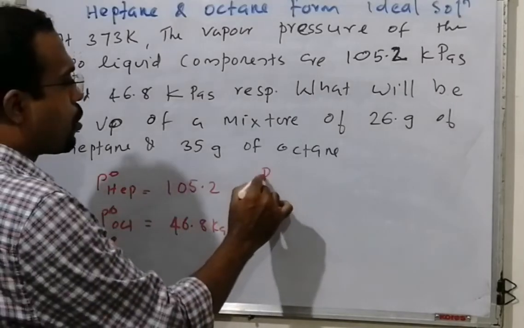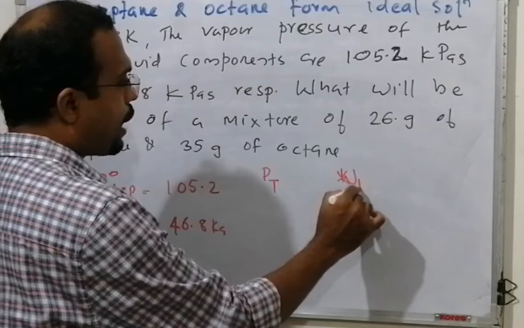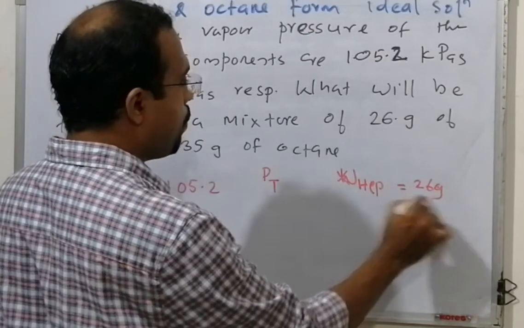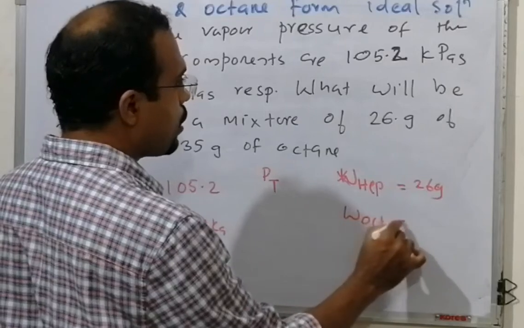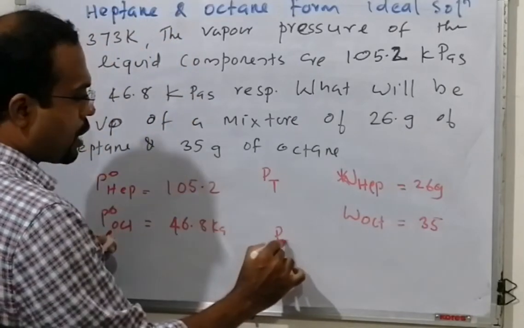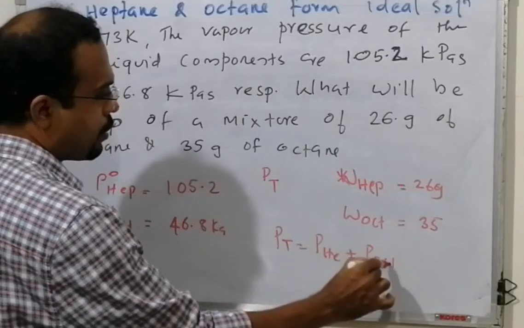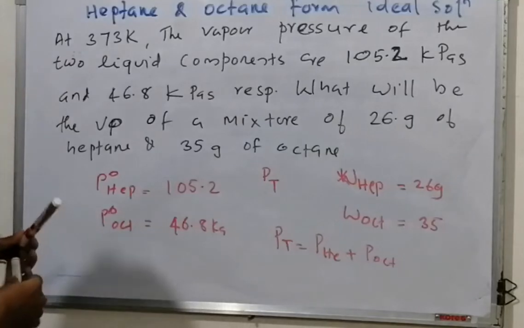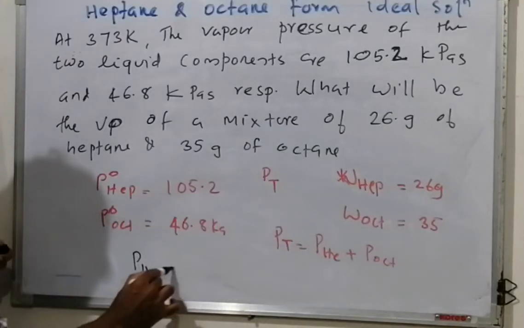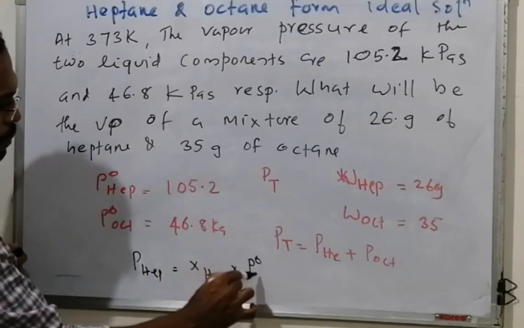They are asking you the total vapor pressure when W heptane is 26 gram and W octane is 35 gram. P total is equal to P heptane plus P octane. P heptane is equal to mole fraction of heptane into P0 heptane.